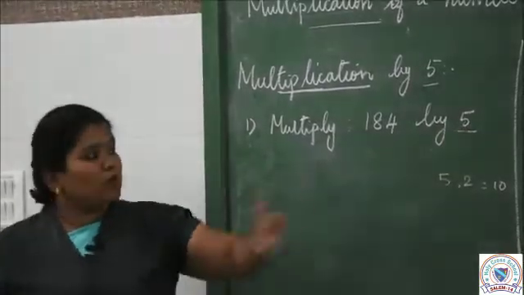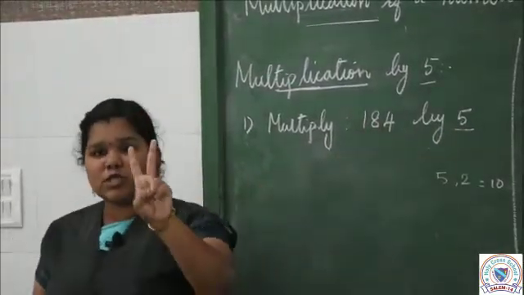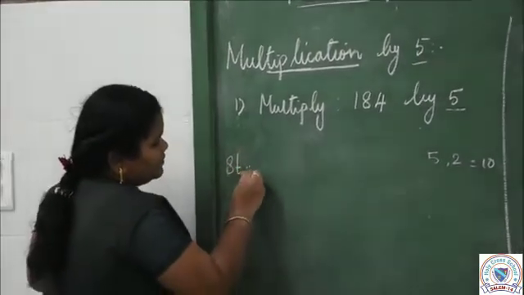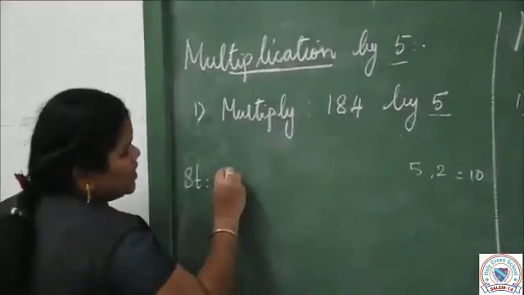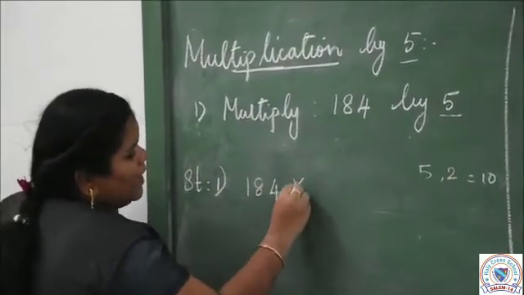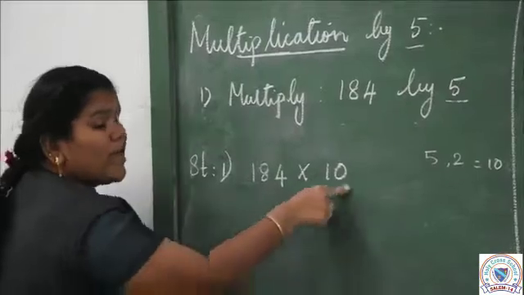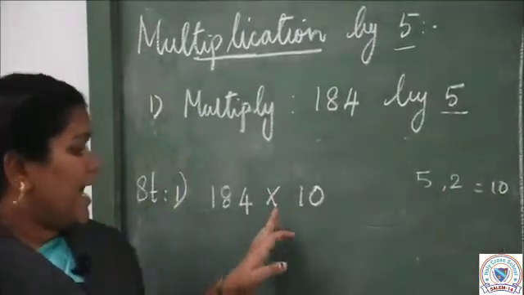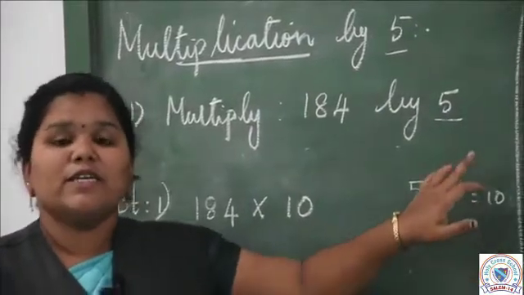Here, to multiply this we are going to use 2 steps. As step 1, first multiply 184 by 10. Why have we taken 10? Because 5 and 2 are factors of 10.